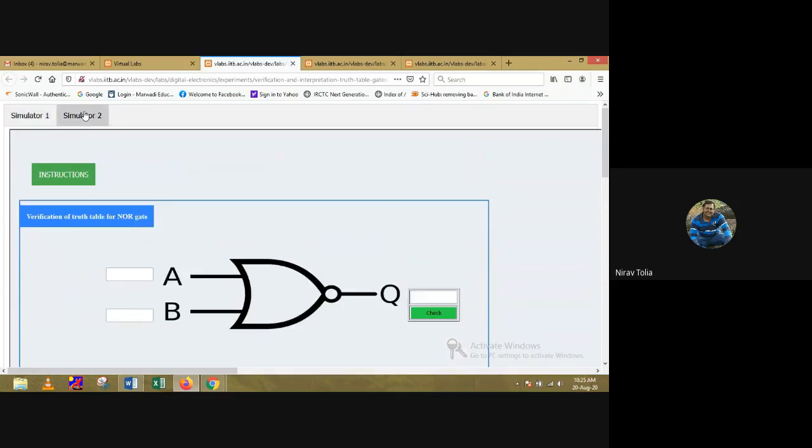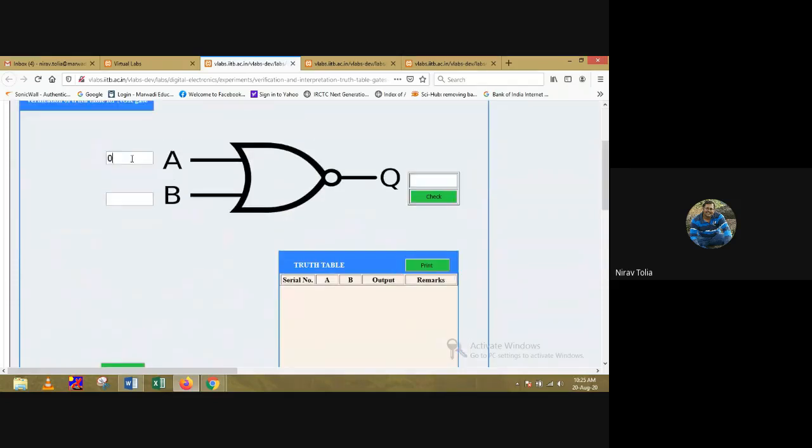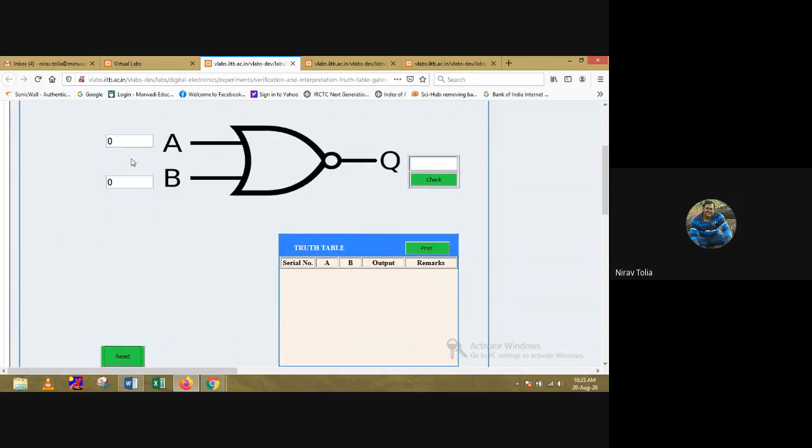And the same thing you can visualize via the truth table: 001, 010, 100, and 110. So this is the truth table.